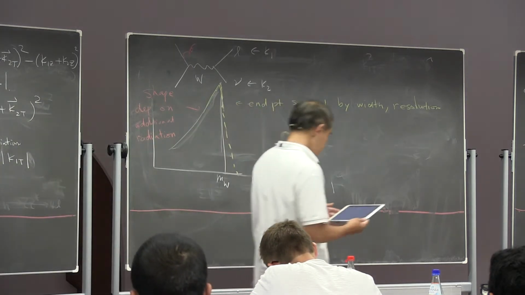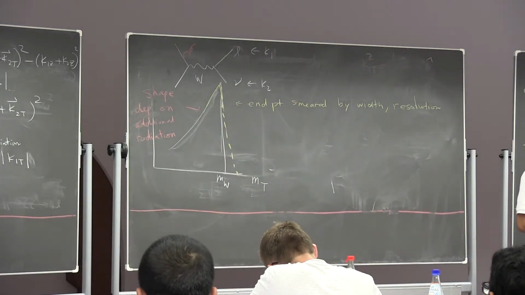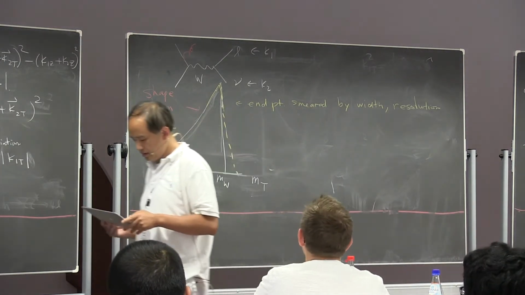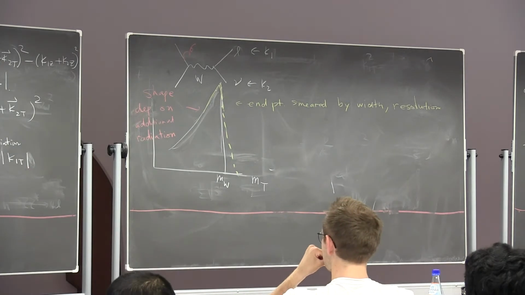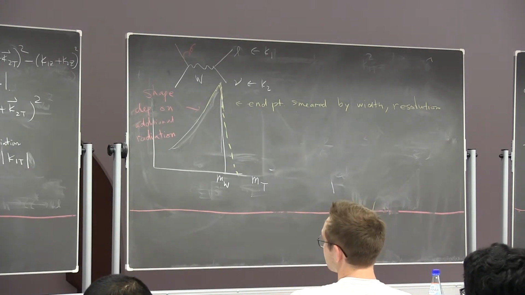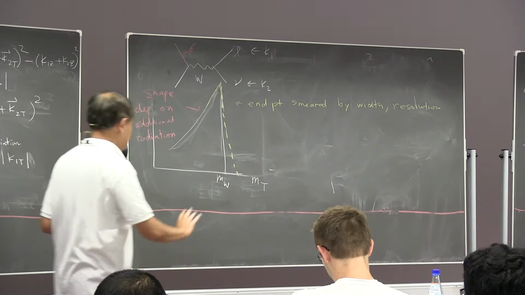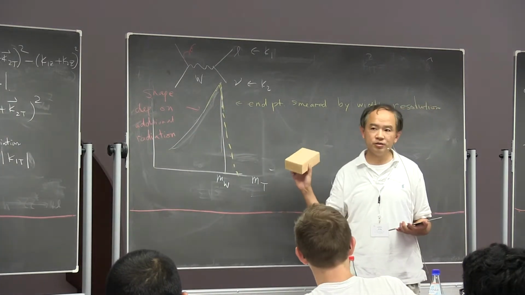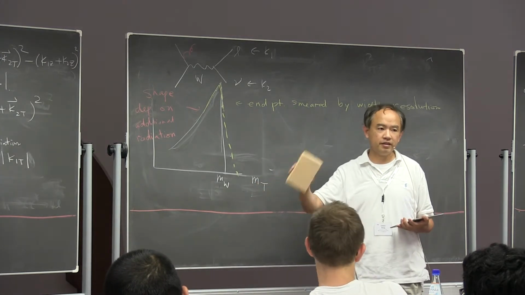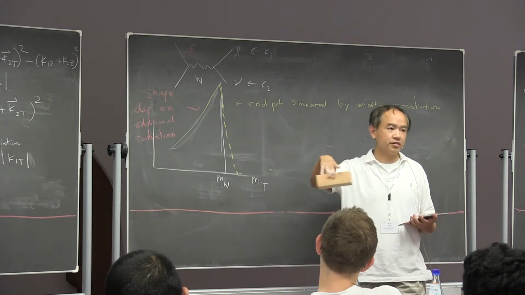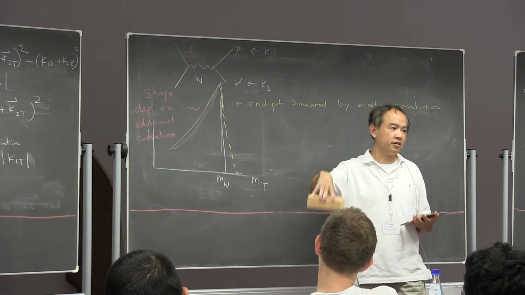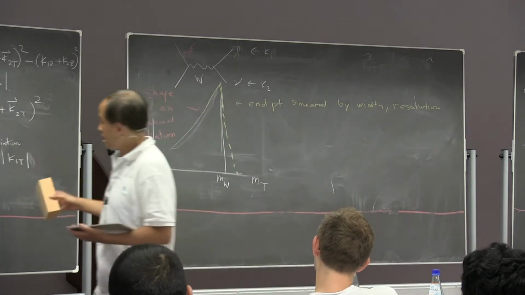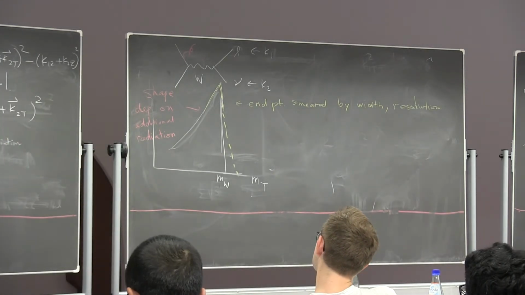So this is what I wanted to say about the kinematical variables. But let's talk about the other case. Remember, we wanted to make discoveries when S over B is around 1, that is, if you don't have very sharp features like this.